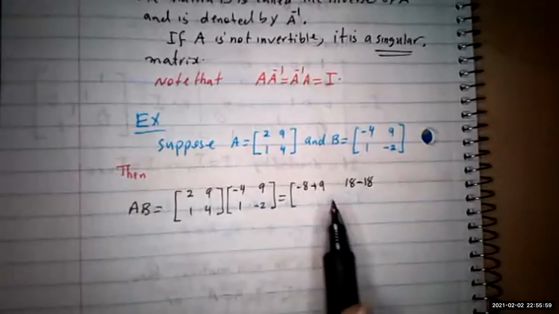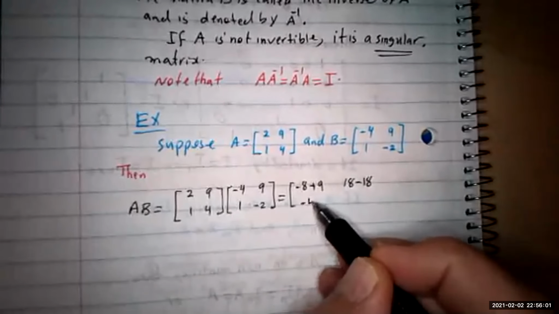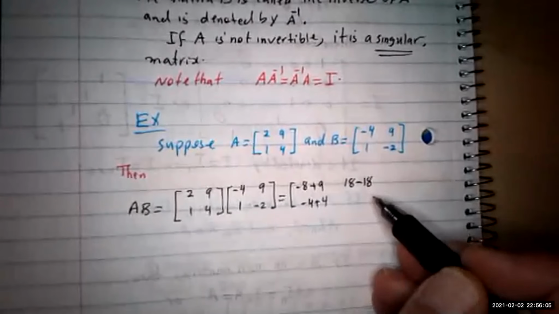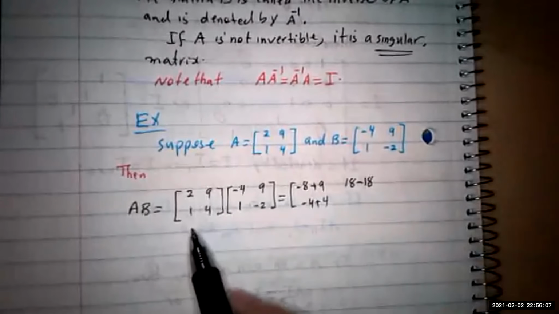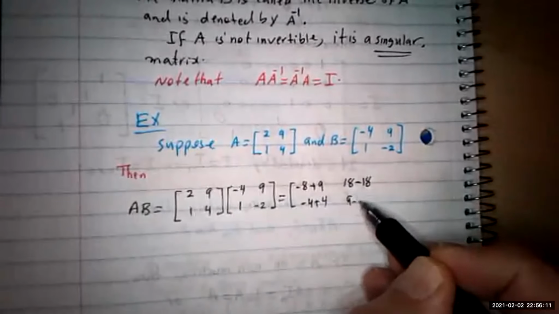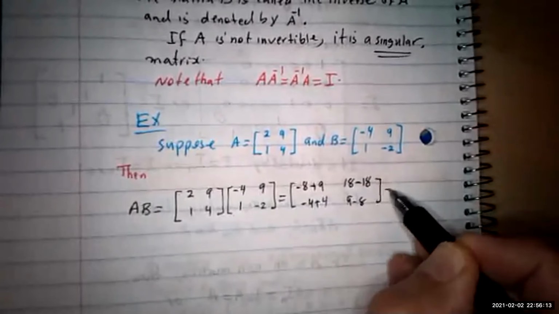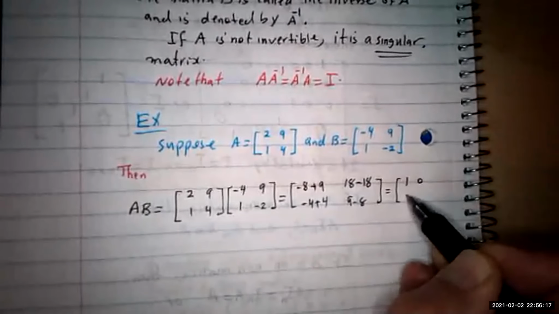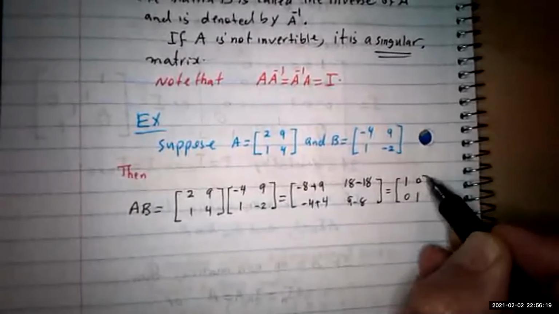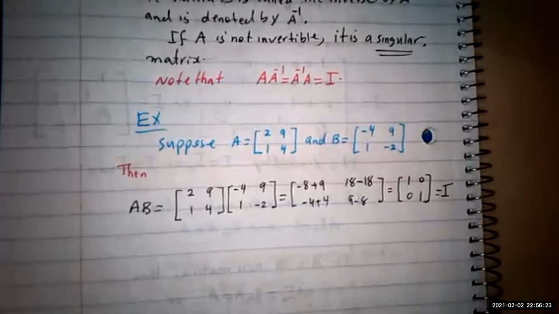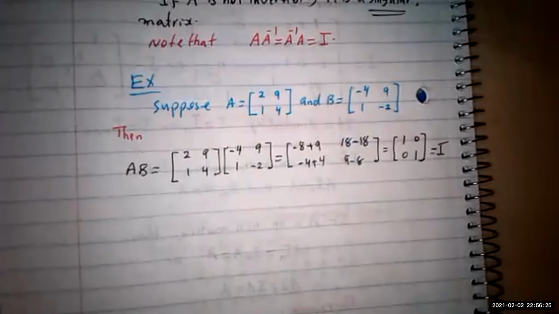I multiply this one, that gives me 4 minus 4, which is 0. You multiply this one, that's 1 times -9 plus 4 times 2, which is 1. So the conclusion is [1, 0; 0, 1], which is the identity. You have to check both directions.